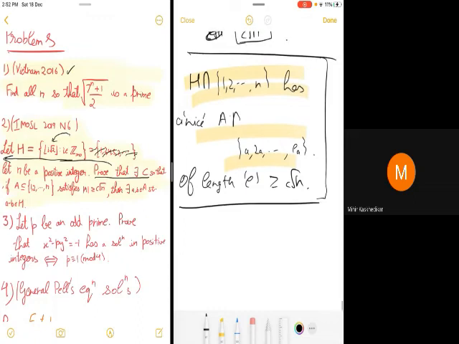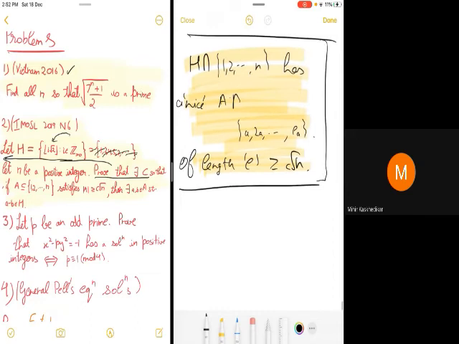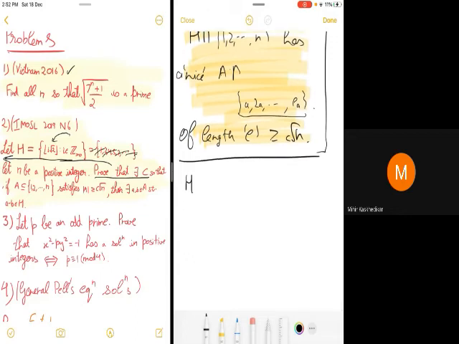Okay, so I'll assume that we are done if we prove this. So any ideas how we might, first of all, let's forget about n right now. Do you have an idea why H must contain a large AP of this form? Okay, yeah.